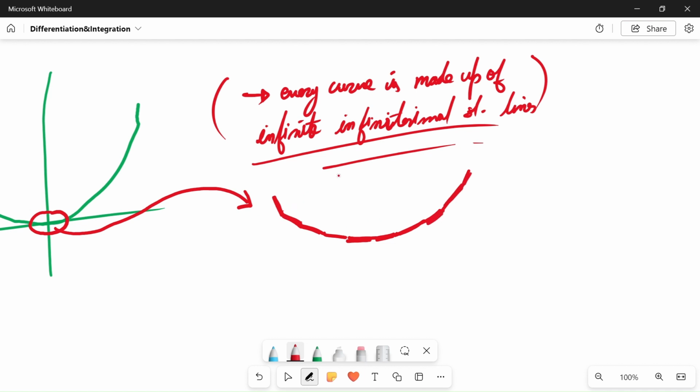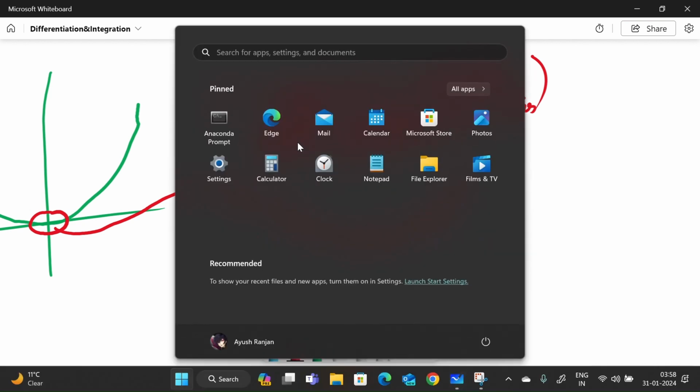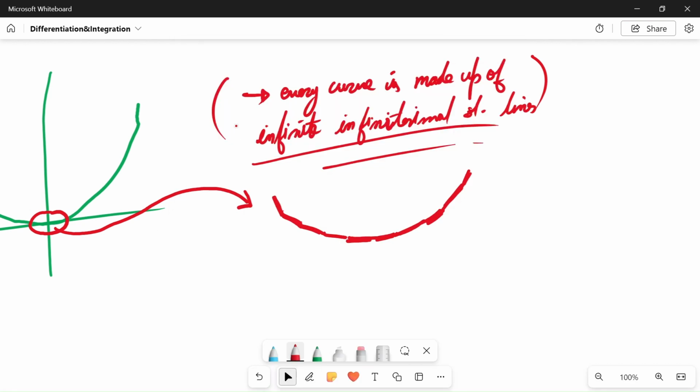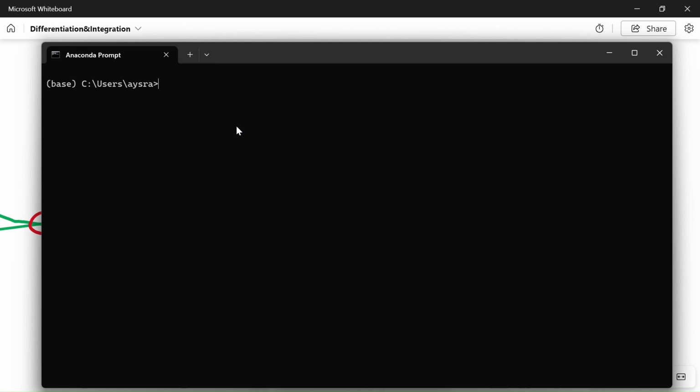So every curve that you see is actually made up of infinitesimal straight lines, infinite of them joined together. Now I actually have one illustration to show you what I mean. So I've made a program to illustrate what I've just said. So let me open my Jupyter notebook.